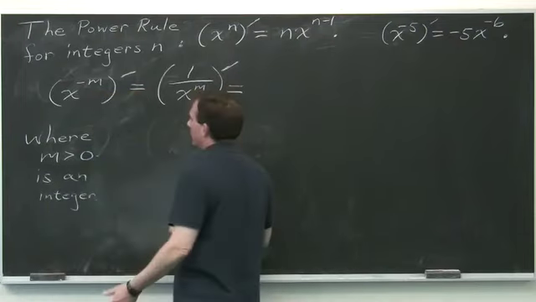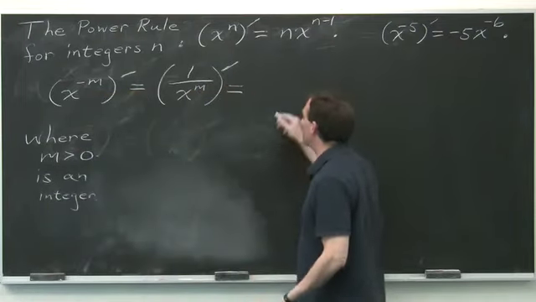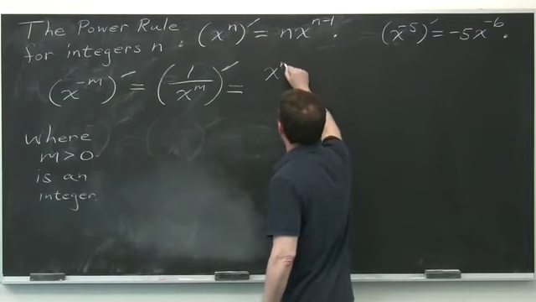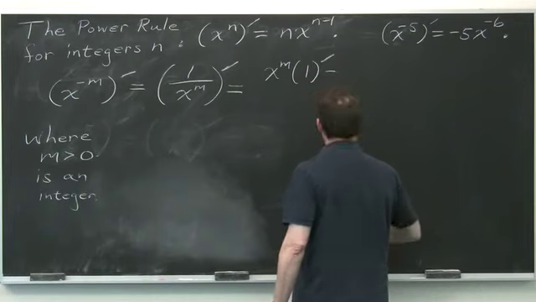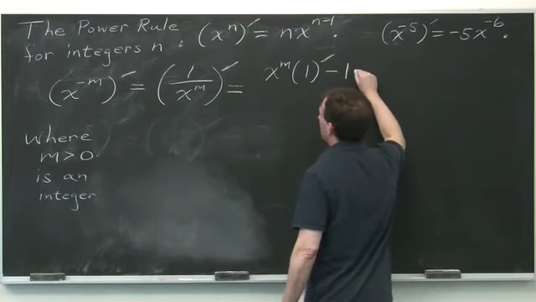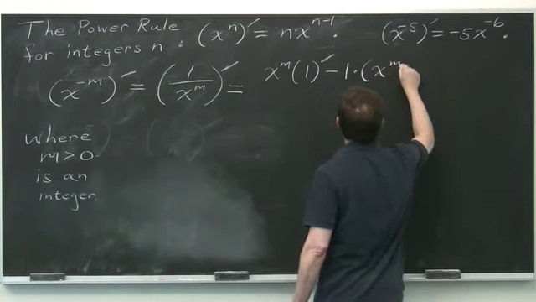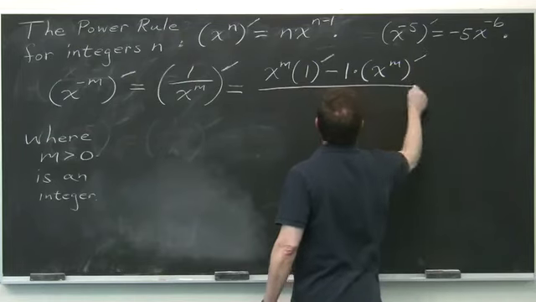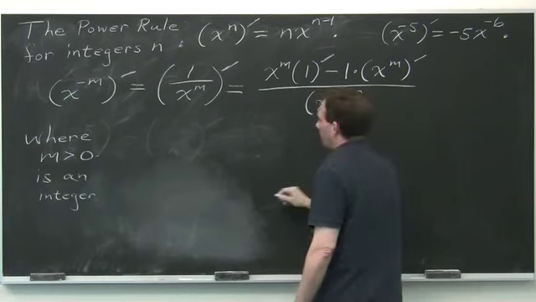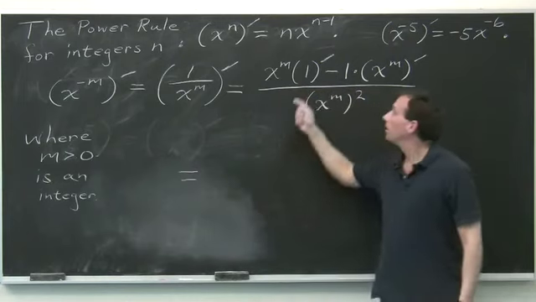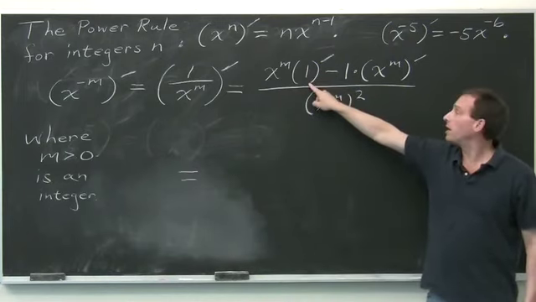Then we calculate its derivative from the quotient rule, which says this is the bottom times the derivative of the top minus the top times the derivative of the bottom, all divided by the bottom squared. But this is the derivative of a constant.